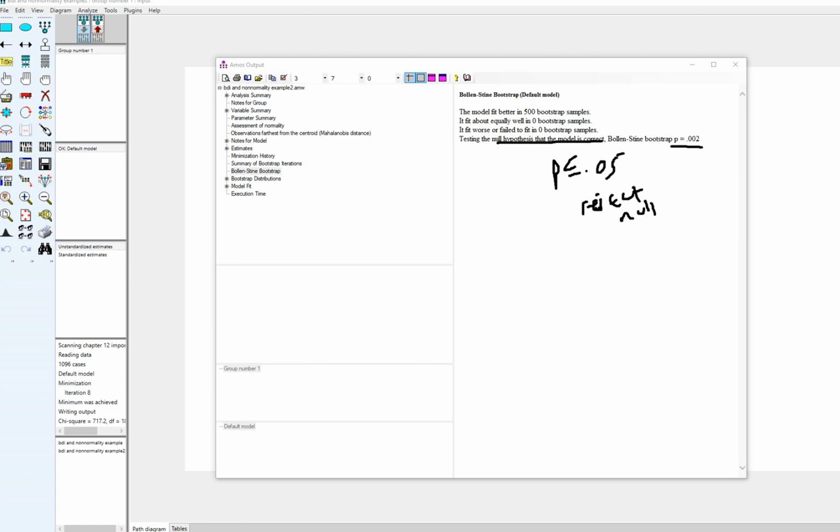The p-value we obtained is 0.002, which is less than 0.05, so we're going to reject the null hypothesis that the model is correct. What that tells us is that we have a little bit more work to do in terms of specifying our model. At any rate, this concludes this overview of managing normality or lack thereof in the context of structural equation modeling.